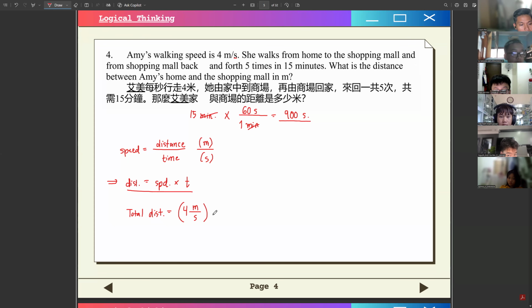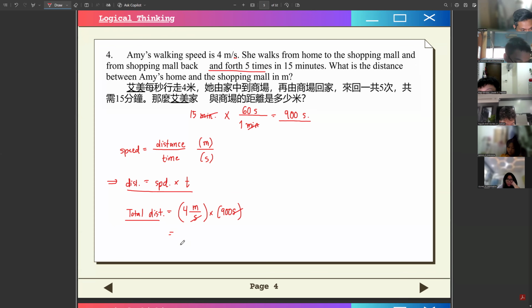What's the total time? This is for going back and forth 5 times, right? So take note of that. The time, we already calculated in terms of seconds. That's 900 seconds. So our distance should be in meters because we can just cancel the seconds. 4 times 900 is equal to 3,600 meters. So this is the total distance that Amy walked.